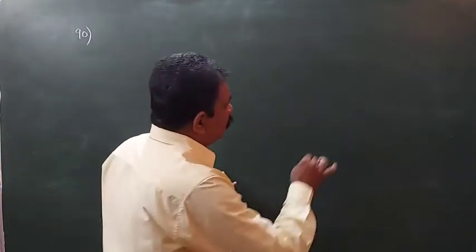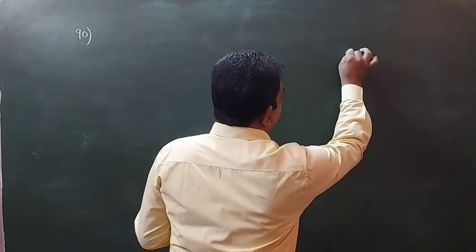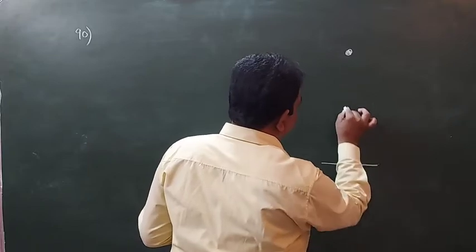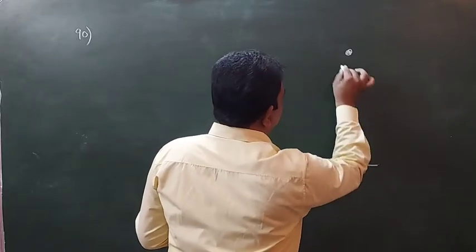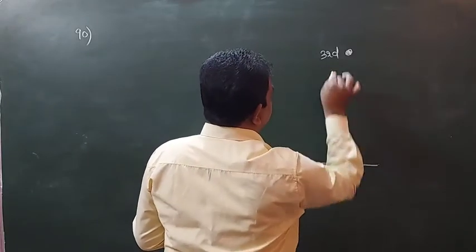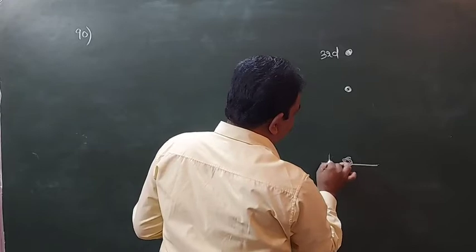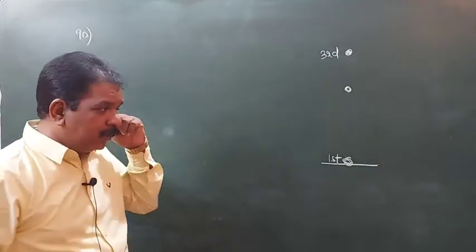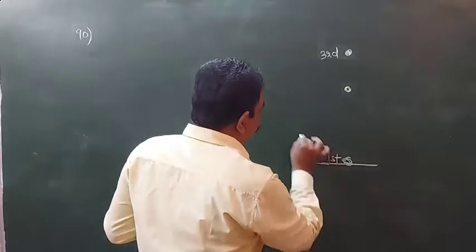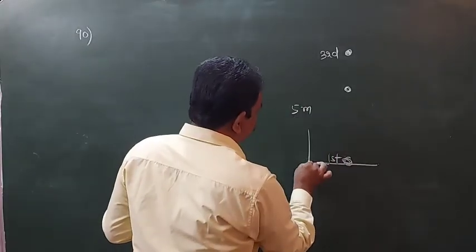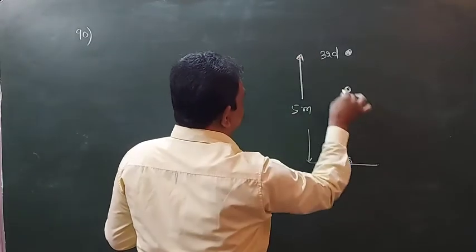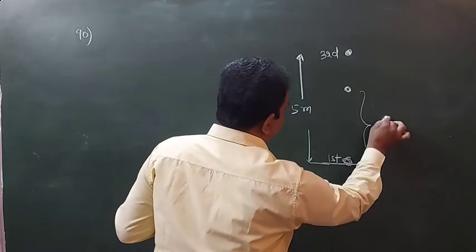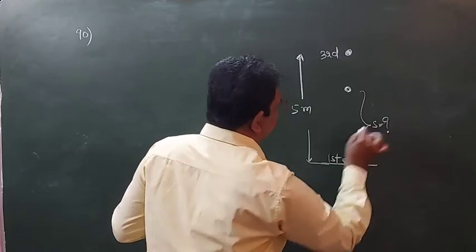So what they are asking: water drops are falling from a tap. When the third drop is leaving, the first drop touches the ground. This height is 5 meters they mentioned. Then what will this height value be?